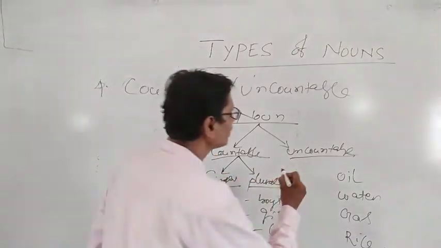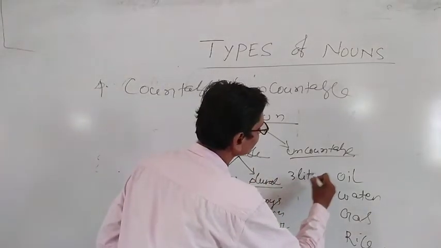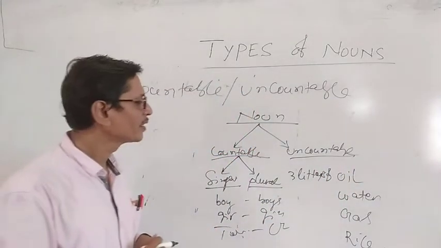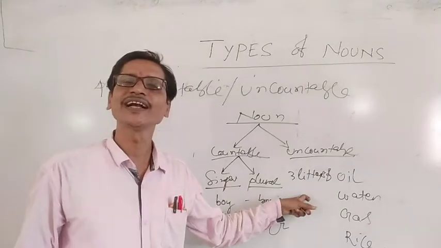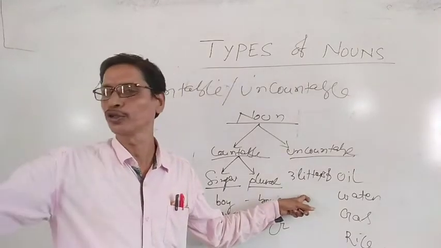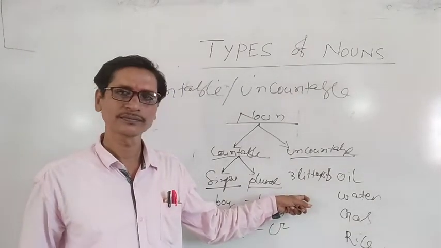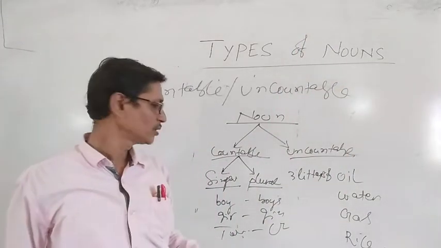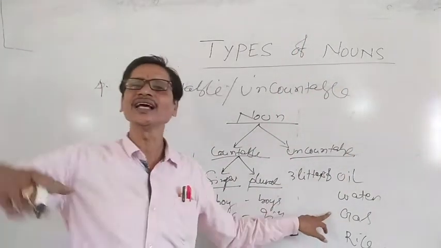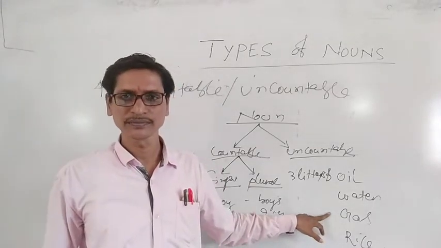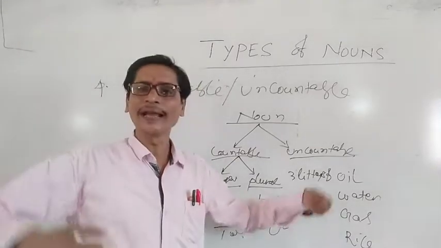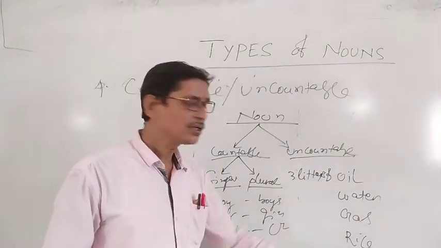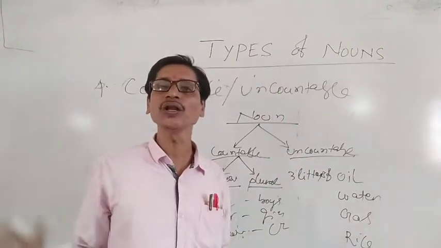For example, 3 liters of oil, a glass of water, a bottle of water, a tank of water, a cylinder of gas, a bag of rice, a quintal of rice. Knowledge, when we talk, a lot of knowledge.